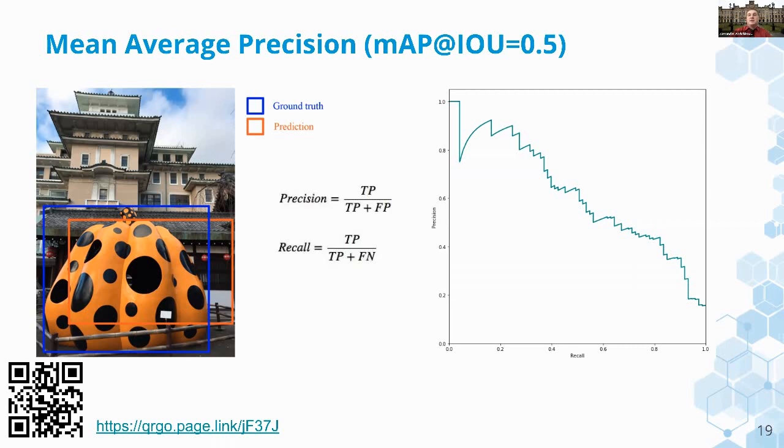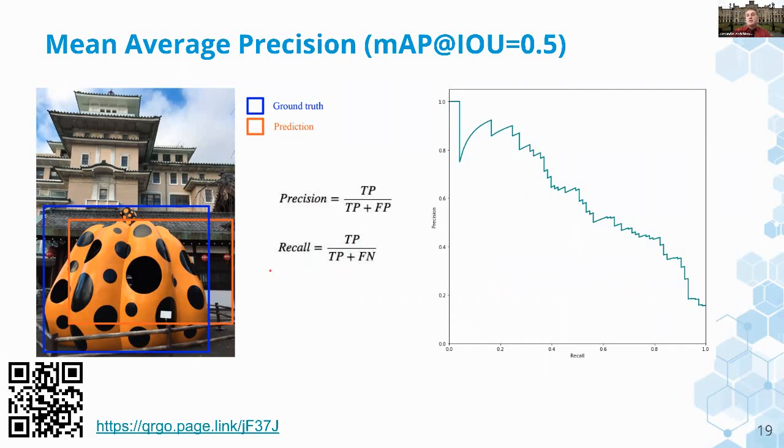Then using these true positive and false positive values, we may calculate two of the most popular metrics, precision and recall. Then using the confidence of predictions, we may arrange these precision and recall values into a precision-recall curve, and then calculate average precision, which is simply the area under this precision-recall curve. And this is how the average precision metric is calculated.